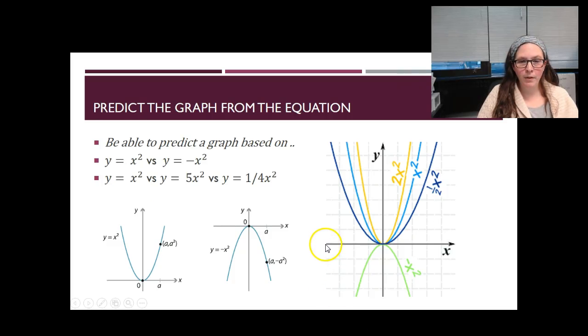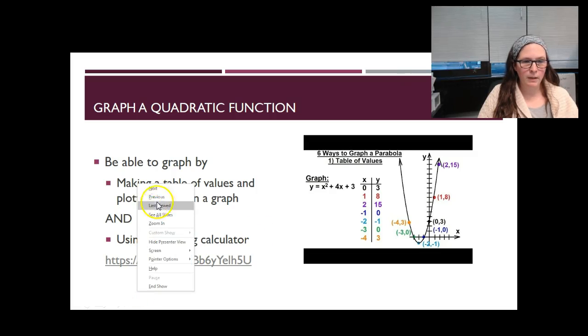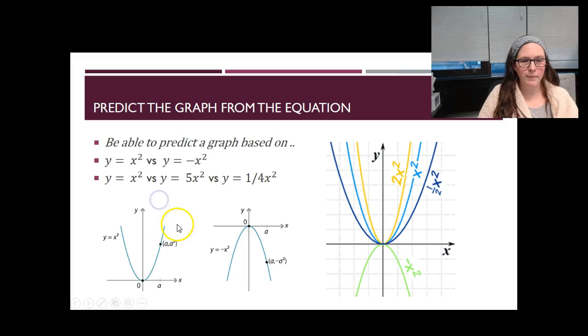Next, an important and crucial thing to be able to do on your test is to be able to predict a graph based on looking at the equation. The first and foremost thing you should be able to tell is the difference between a regular y equals x squared equation, which I showed you right down here. Oopsie. Let's go back one. There we go.